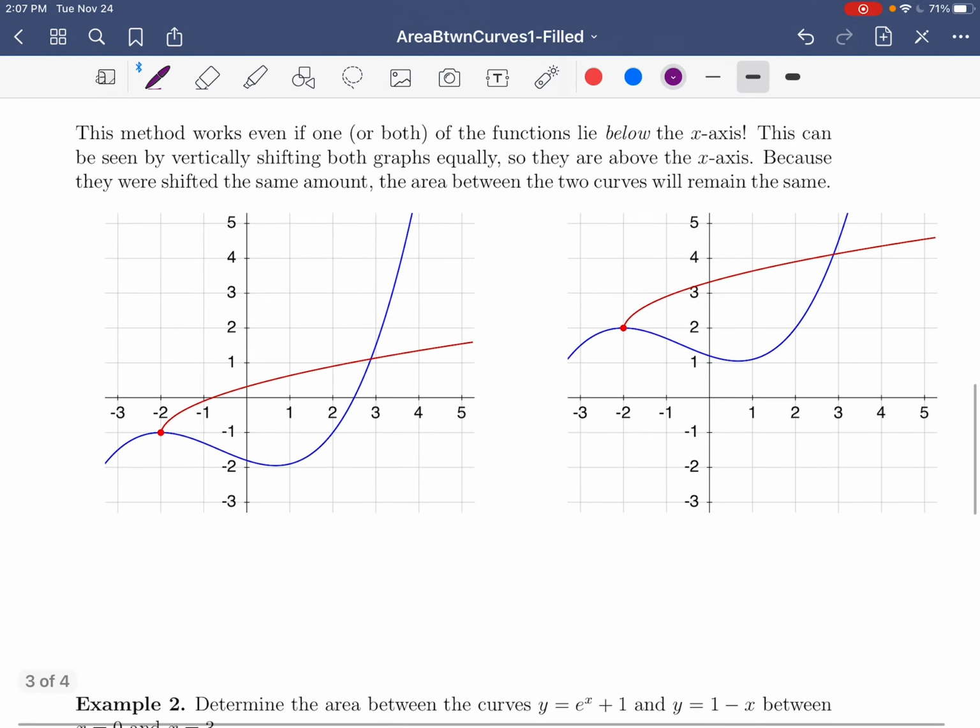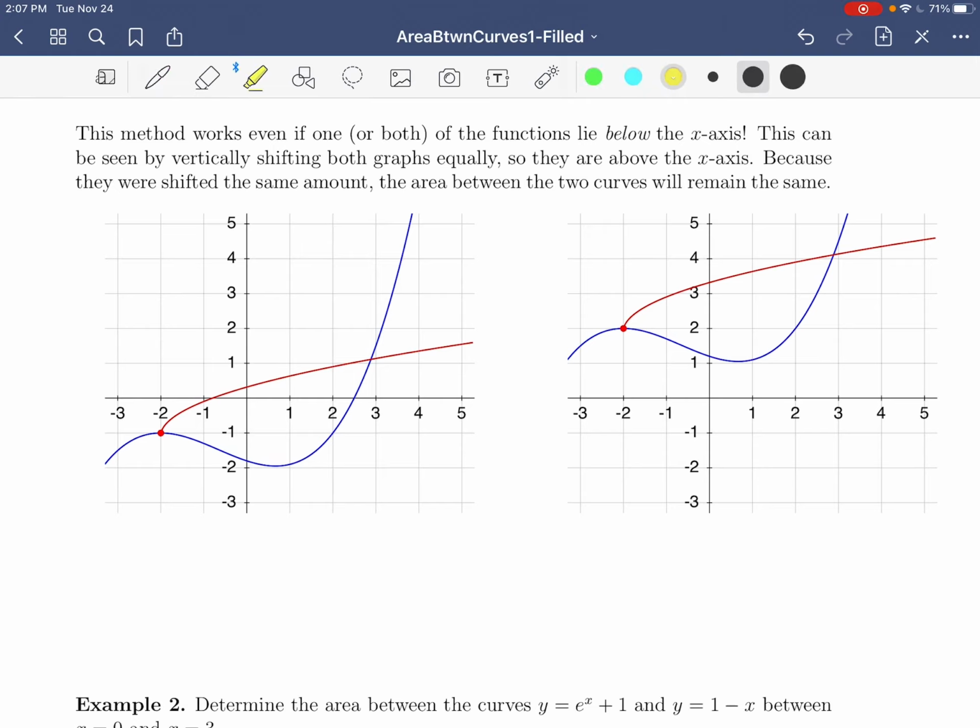Now I wanted to briefly talk about why it doesn't matter if they go below the x-axis. If you think about these two functions here, the area that's stuck between them is going to be this area here. So I'm going to call this A1. Let's say that this is f of x and this one is g of x.